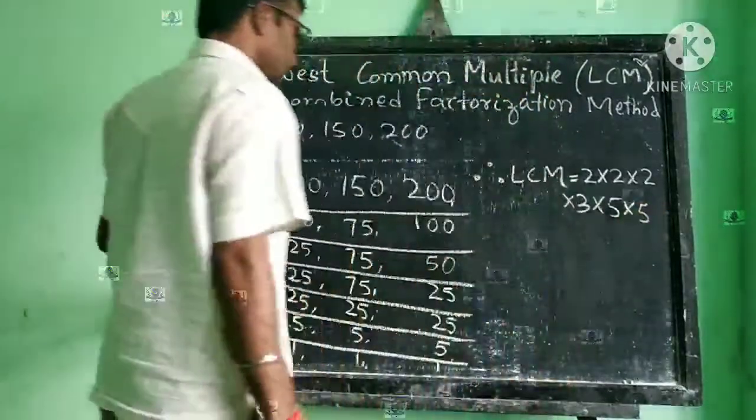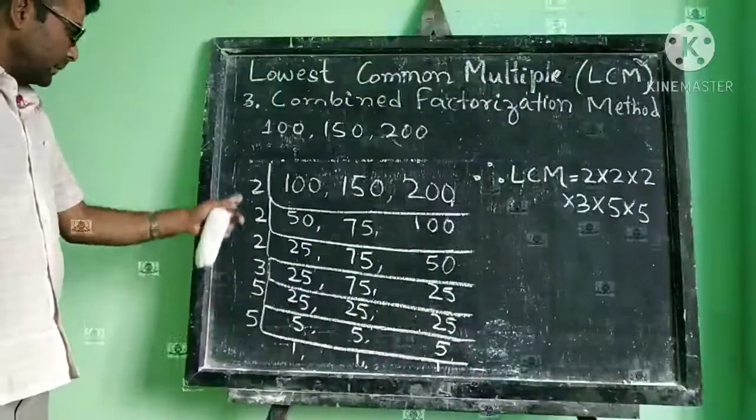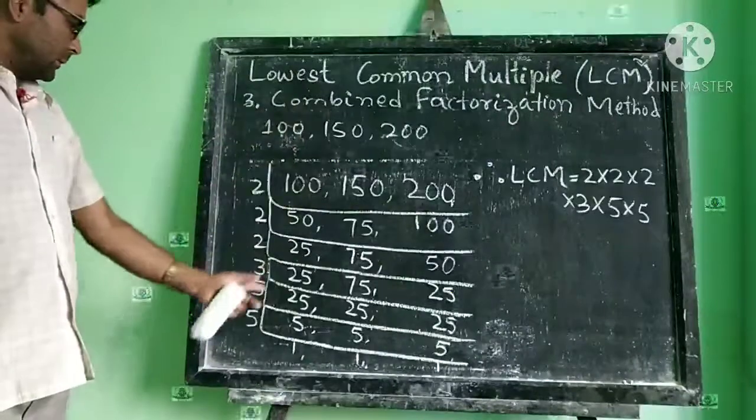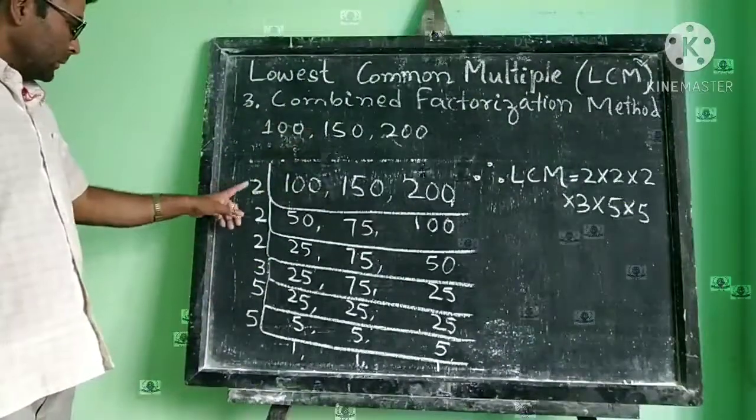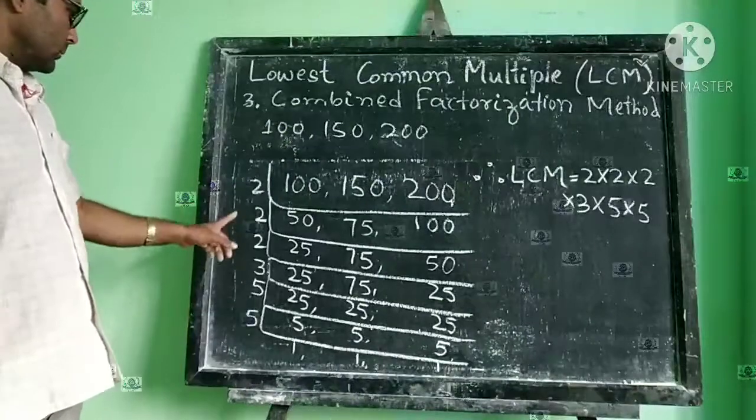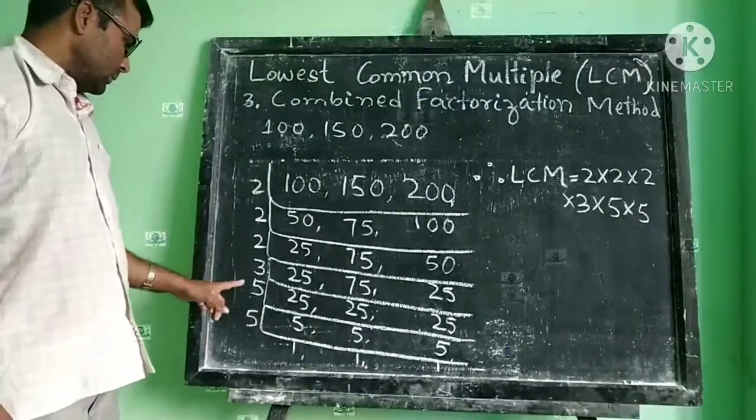So these are the prime factors we have found using the combined factorization method. You can find the LCM with the product of these numbers.